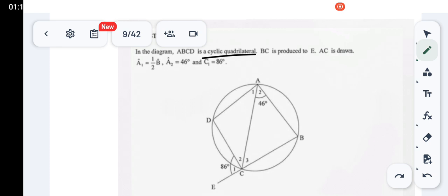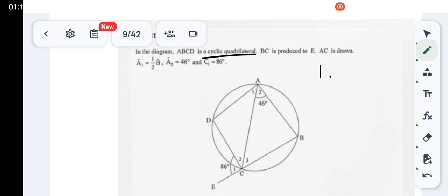Three theorems. Then after identifying those three theorems, we can apply them on the given sketch. So the first theorem that falls under cyclic quadrilateral says opposite angles of a cyclic quad are supplementary.